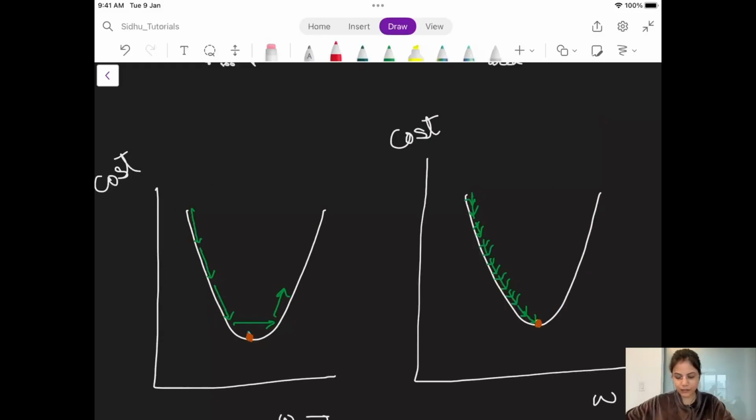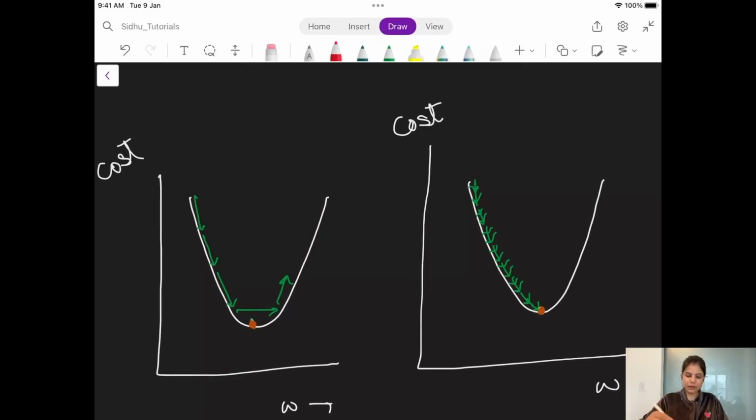Now let's understand the learning rate. We keep on reducing our cost function for different values of w or say m. But if we are taking very big steps, then we will never reach the minimum cost, because we are taking the same size of steps again and again.